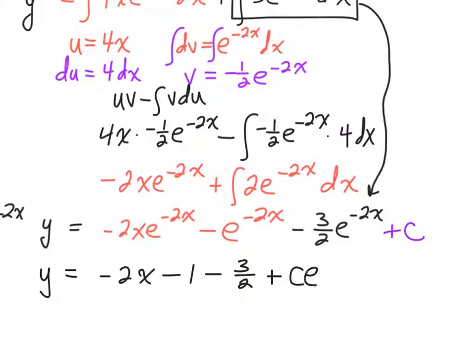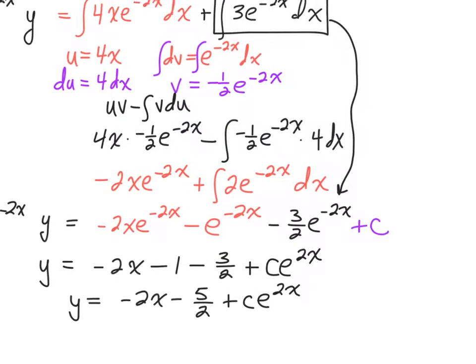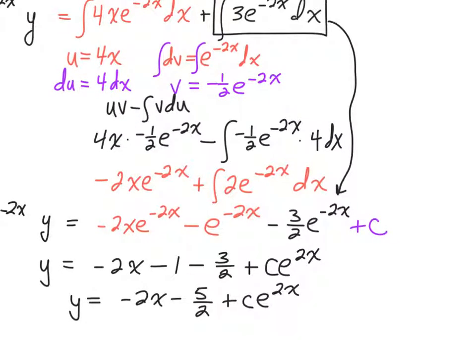So c e to the 2x. All right, and so the general solution would be negative 2x minus 5/2, like terms, plus c e to the 2x power. Now there was a condition, we'll take that in a second, but look at that.